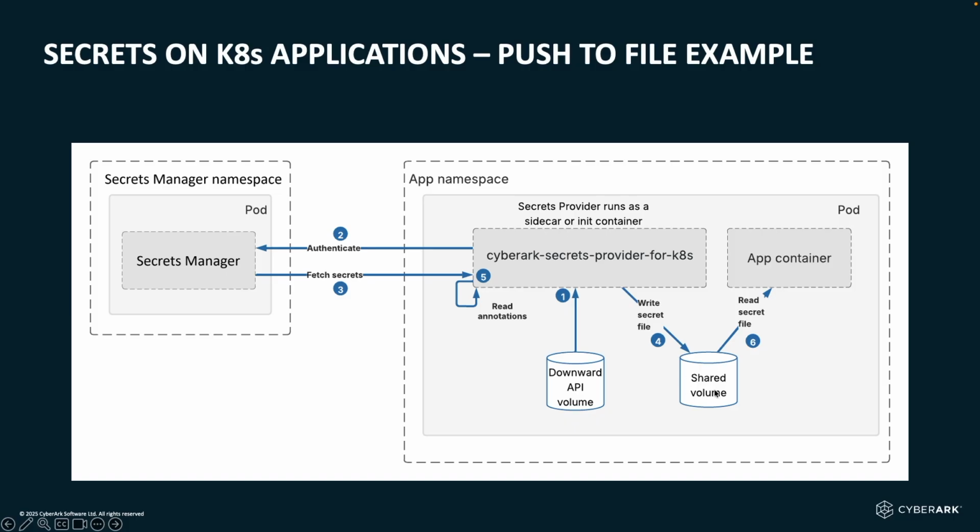This technology we call the push to file method, right? So this is a shared volume between the sidecar container together with the app container. The secret will be shared here over the in-memory volume, right? So that is some brief information about what we have in my demo environment. And now I will move to the demo part.